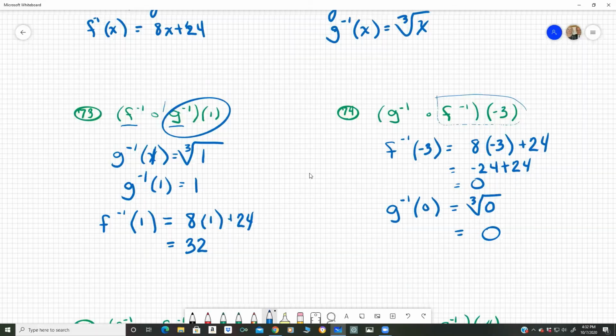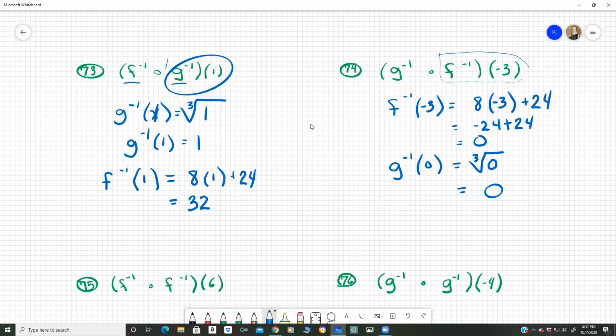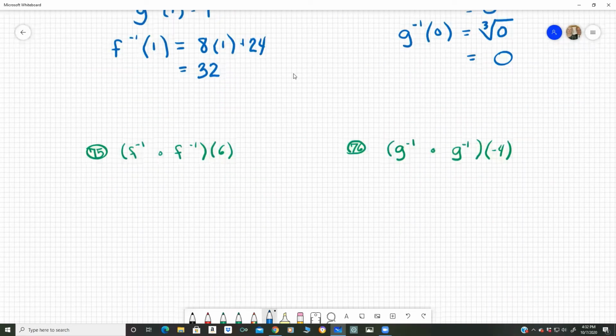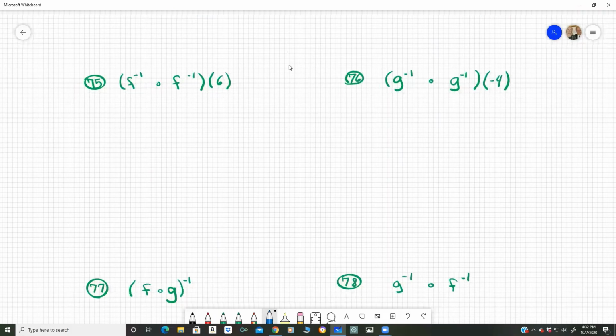Now as we go up on to our next problems, we're going to again be working with the g functions. And as you might think, we will be finding this part first.